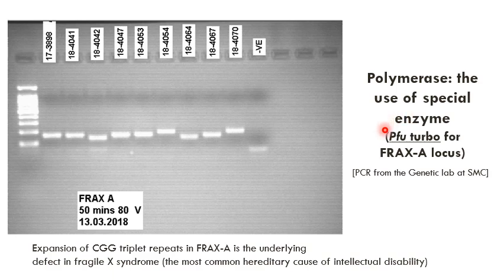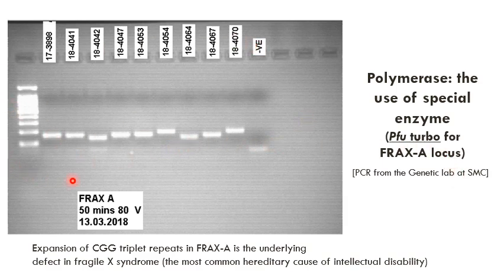Here, for example, they are using the Pfu Turbo enzyme again for diagnosing fragile X. As you can see here, fragile X syndrome is detected by finding triplet repeats, the CGG, and this assay is used to detect this deficiency at the molecular level.